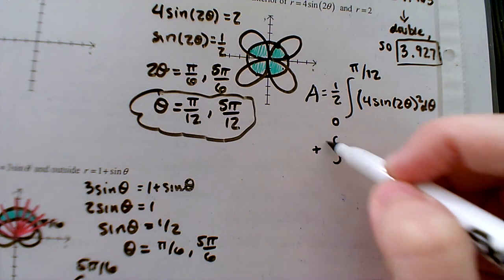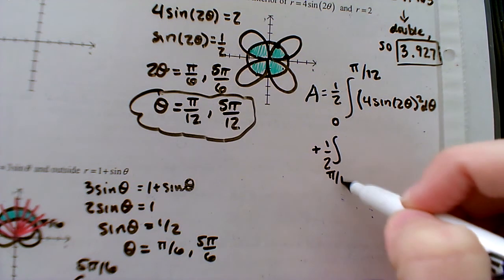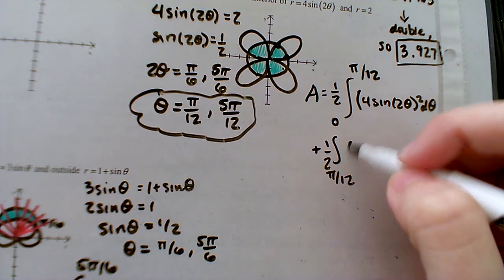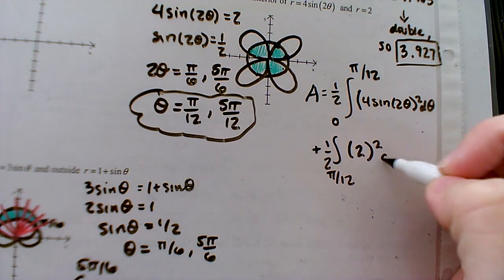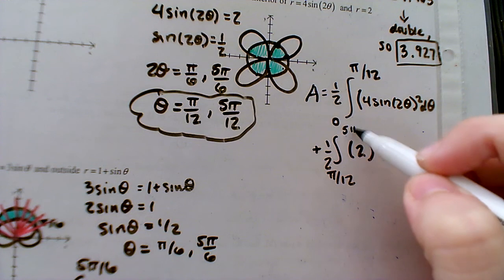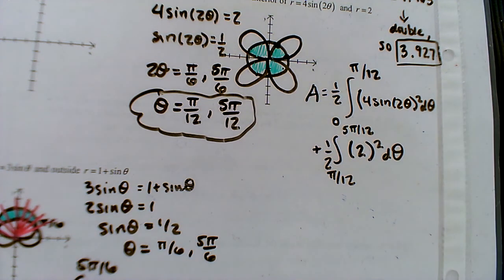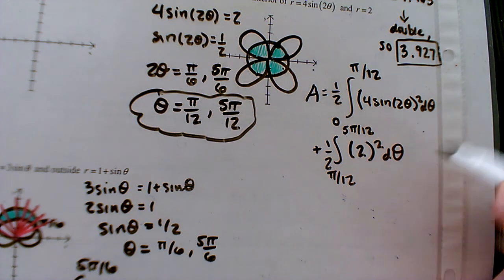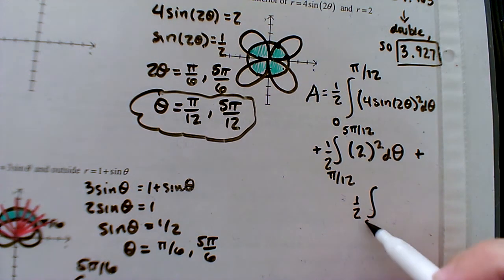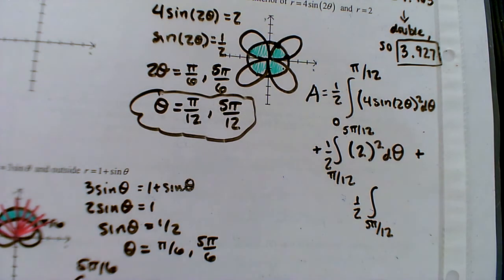All right, but we still had more rotation to go through to calculate all this area, so we're going to have to add another integral. After that pi over 12 rotation, we started to look at the circle, which was just 2, and we stopped looking at the circle when we got to the next intersection point, which was 5 pi over 12. But we still had more area to calculate. So another integral, we'll have to go from 5 pi over 12.